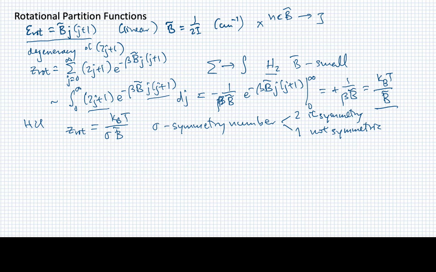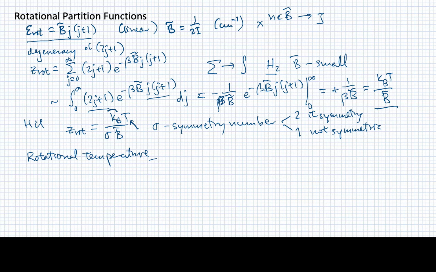I'm going to define something called a rotational temperature. And this rotational temperature is going to come out of this expression for z-rot. What it basically amounts to is that I've got a temperature in the numerator of this expression.